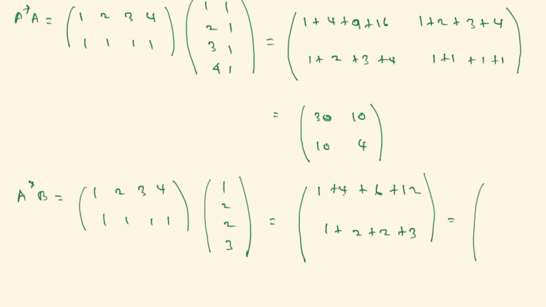The answer is 5, 11, 11 plus 12 is 23, and 3 plus 2 is 5, 5 plus 3 is 8.